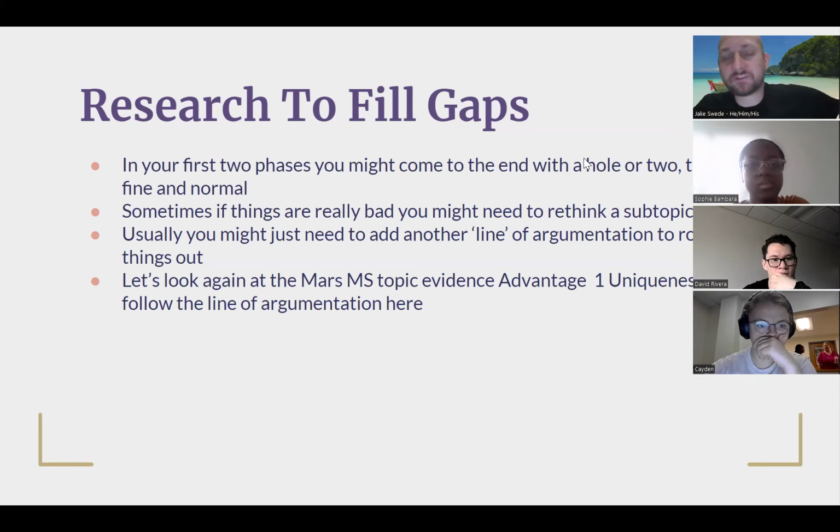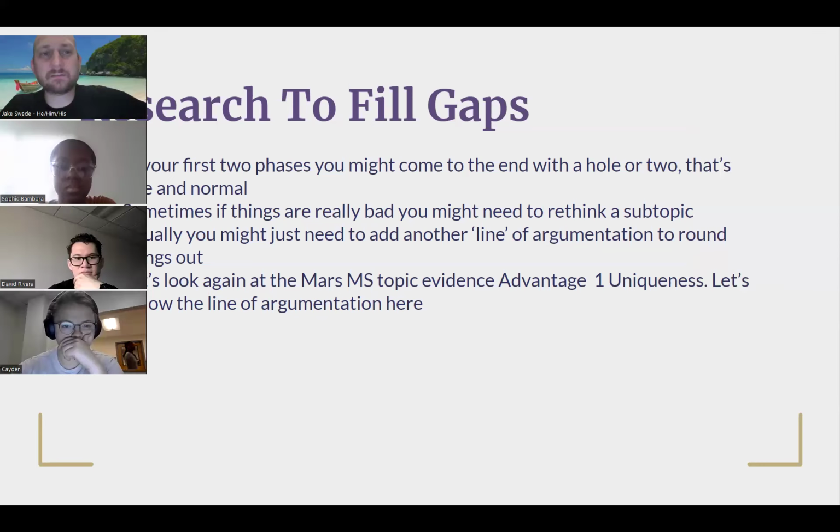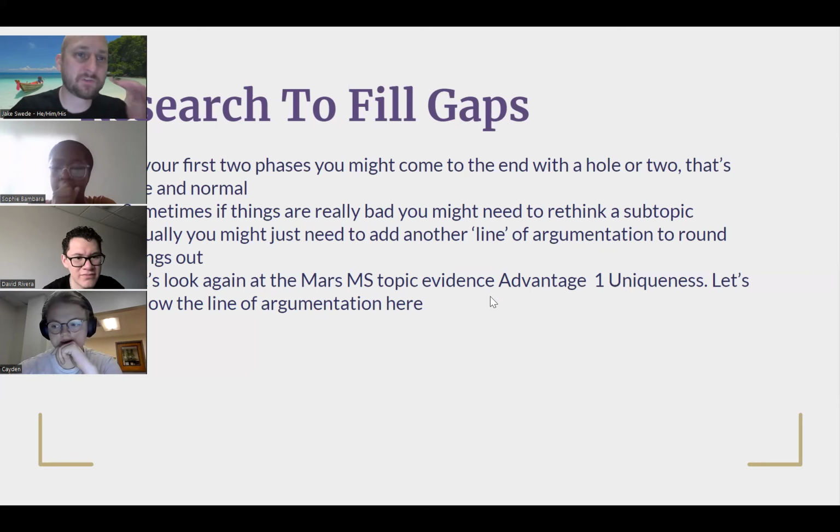In there, the first few pages are the rookie case arguments, the Mars topic and the advantages about Mars colonization. And I want you to look at the first three pieces of uniqueness that are in there.